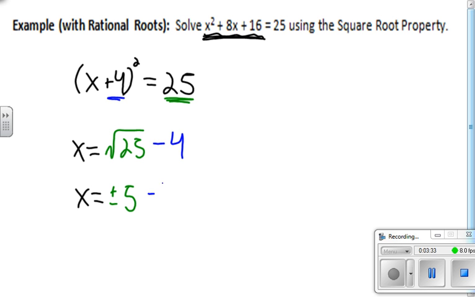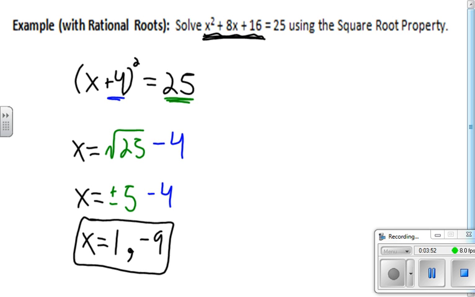And we still have to subtract 4. So working from here, we would say x equals, if it was positive 5 minus 4, that would just be positive 1. Or if it was negative 5 minus 4, it would be negative 9. So this is our solution set. So this is how we would use the square root property.